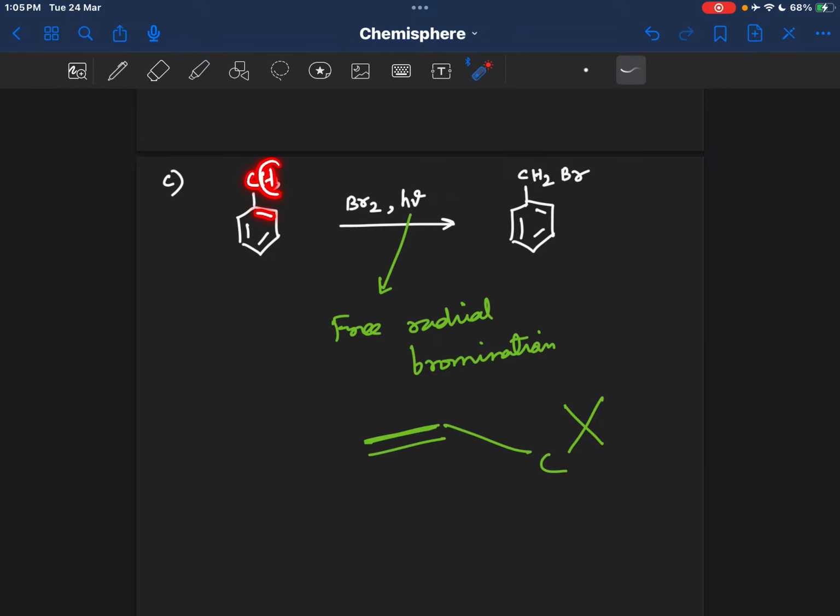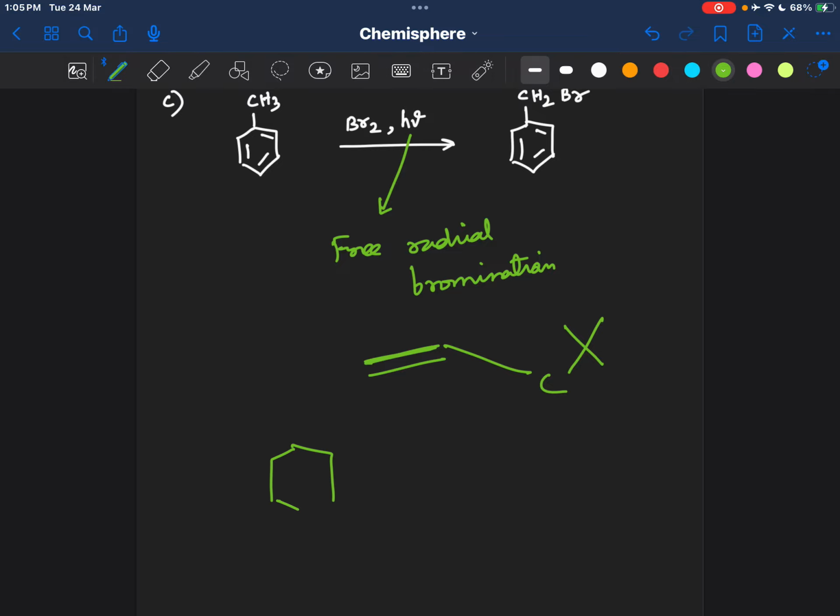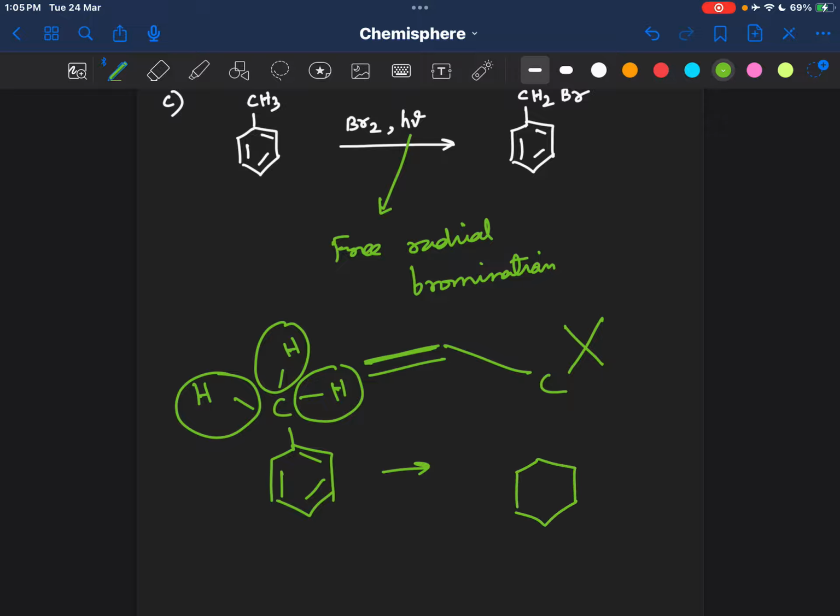So this is a benzylic hydrogen. Okay, so if we draw this, CH3 with the double bond, these are benzylic hydrogens, and if we break them, it will result in the formation of a benzylic free radical, which is resonance stabilized. So let's say we break this and we get a free radical at CH2 and a free radical here.